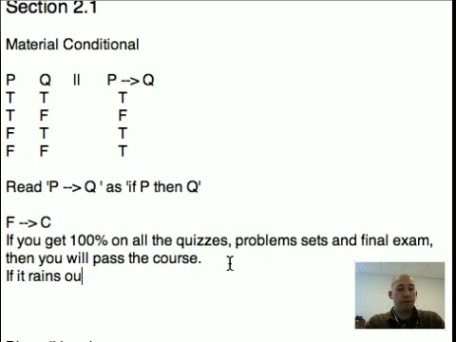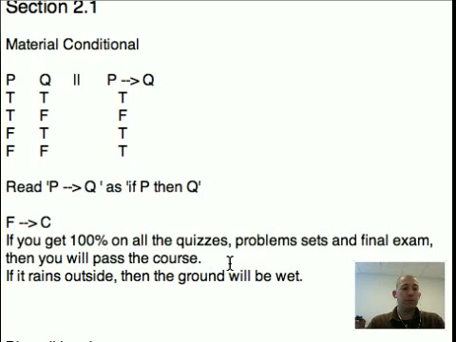If it rains outside, then the ground will be wet. It rains outside is the first sentence, and the ground will be wet is the second sentence, and we've connected these together using the material conditional.